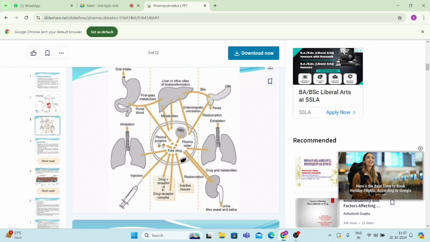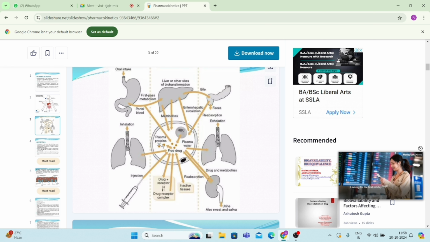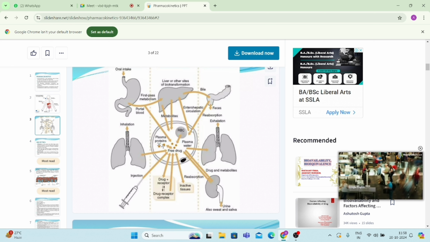Once the action is shown, the drug has to be metabolized. Metabolized in the sense that we have many metabolic pathways, phase 1 and phase 2, all of which you will be studying later.